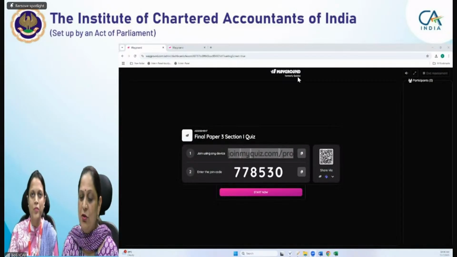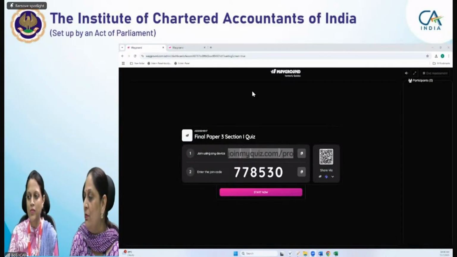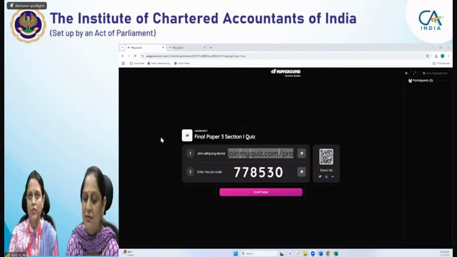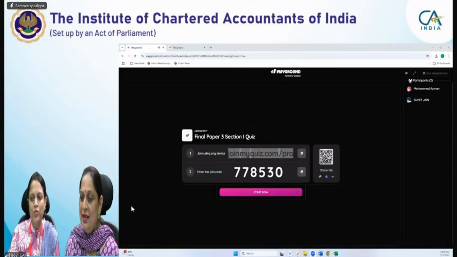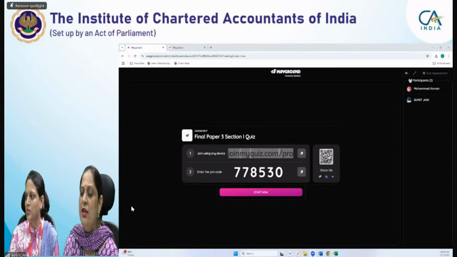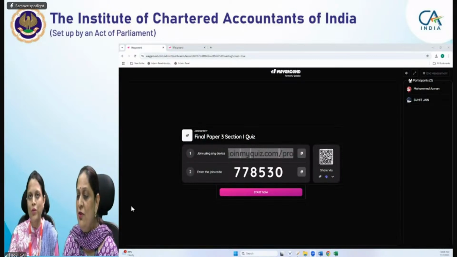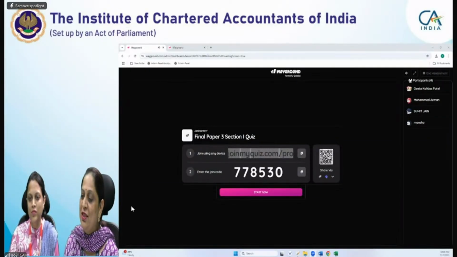Scan the code, it's displaying on the screen. Some participants have joined. You can join with any name. If you don't want to show your name, it's okay. But join faster because we are running short of time. There will be a scorecard also, so you can see your name and your score.